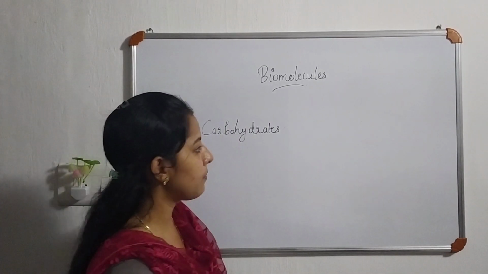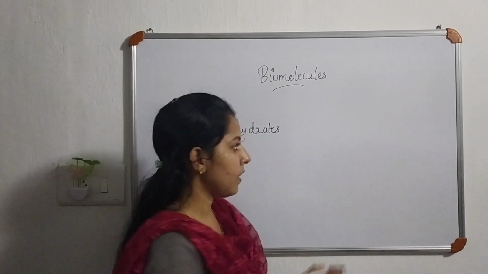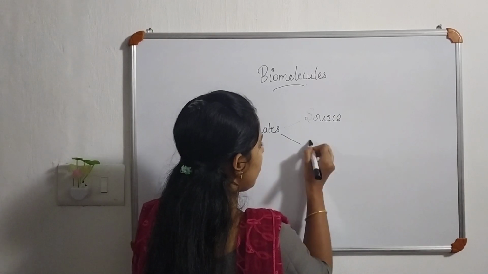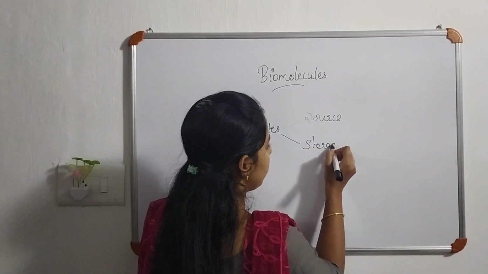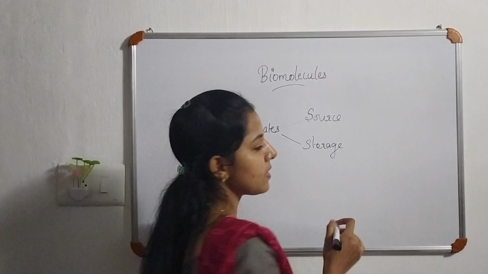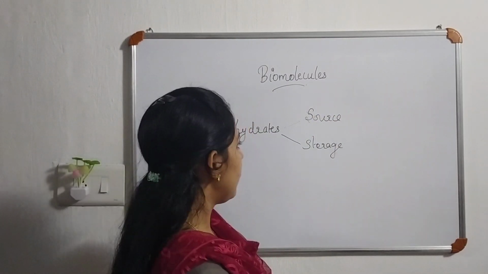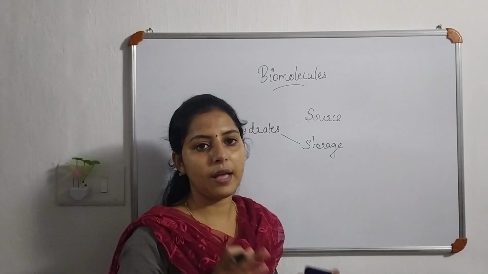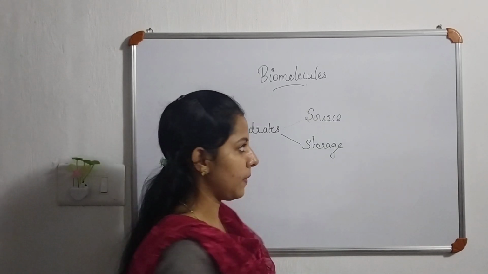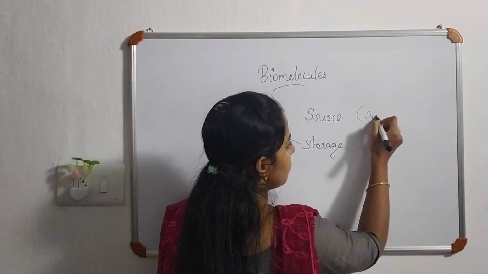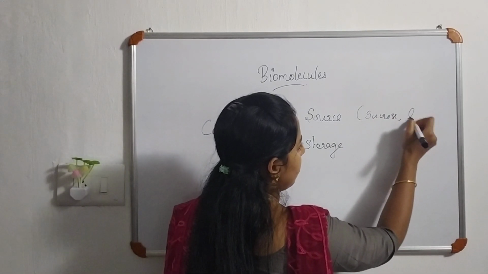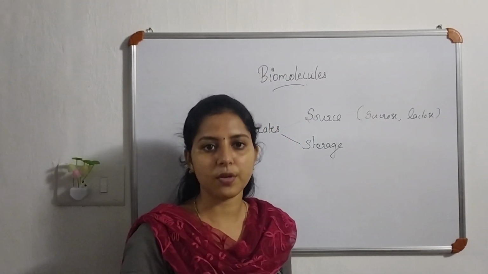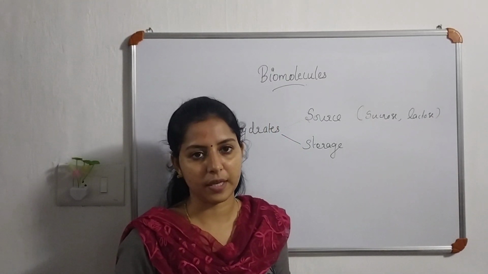The main biological functions of carbohydrates are that they act as a source of energy as well as a storage of energy. Sugars that come under the category of carbohydrates are excellent examples of a source of energy. Examples are sucrose, lactose, etc. They are sugar molecules which are also carbohydrates and act as a source of energy.